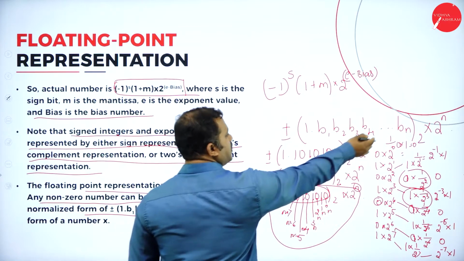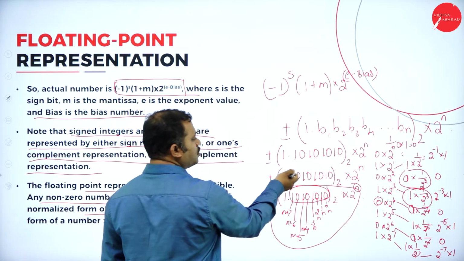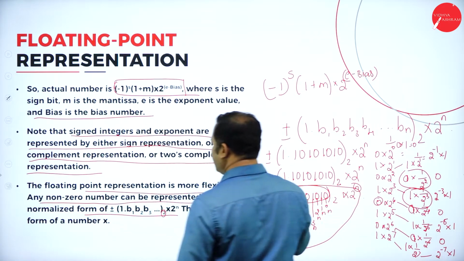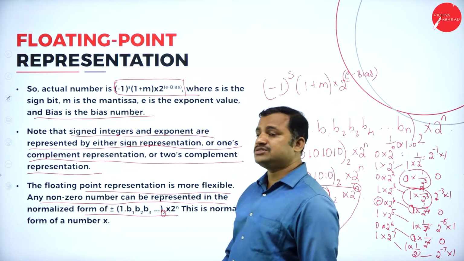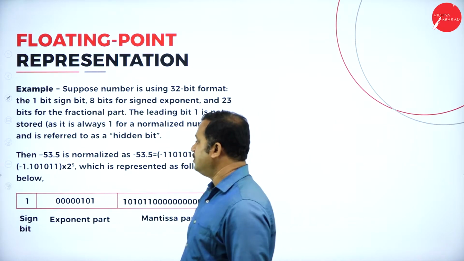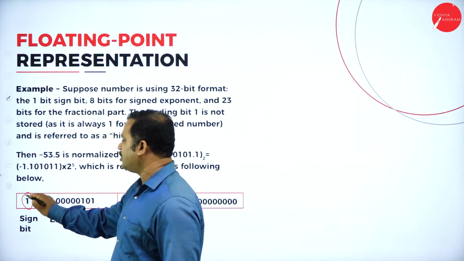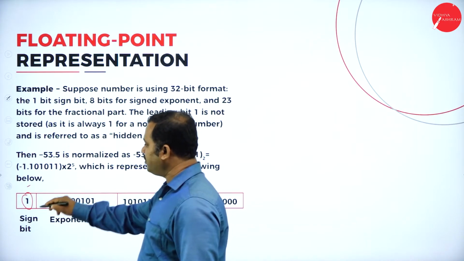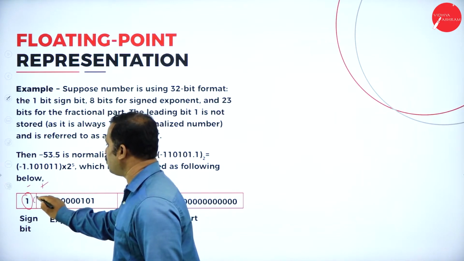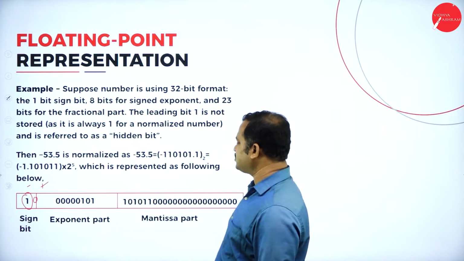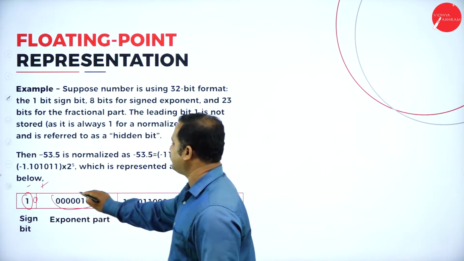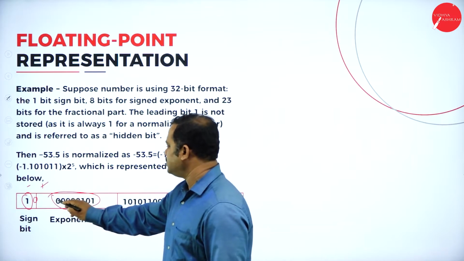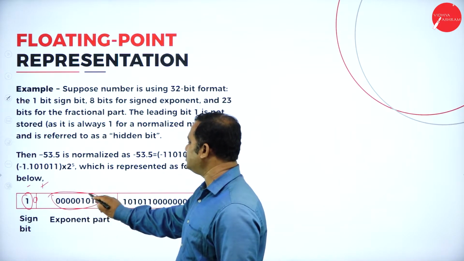The same thing is explained here. The same thing follows for a positive number. If that is the case, we have the number system which can be represented in this form. This represents the sign for negative numbers. For positive numbers, this becomes 0. We have the exponent part with a value like this, that is 0, 0, 0, 0, 0, 1, 0, 1.